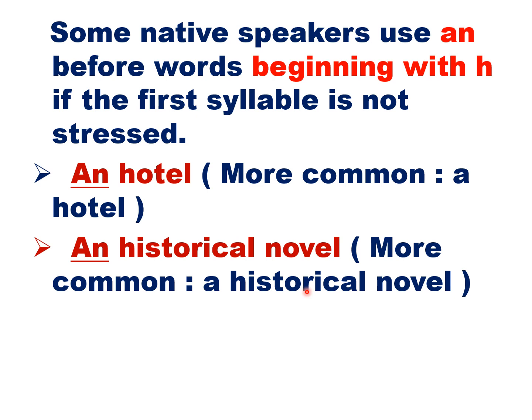H is a consonant and as it is pronounced here, a hotel and a historical novel are correct. We must say a hotel and a historical novel. A hotel and a historical novel are more common.